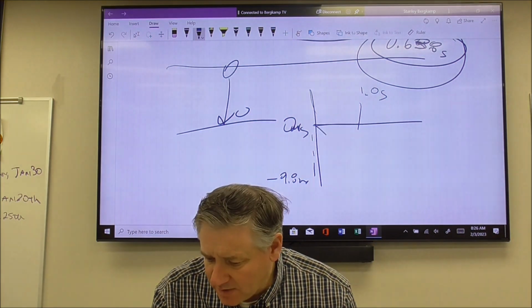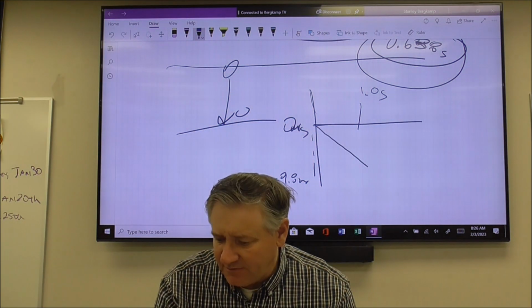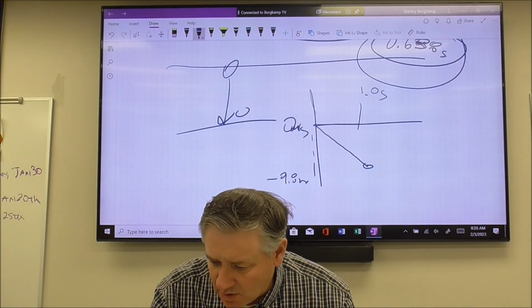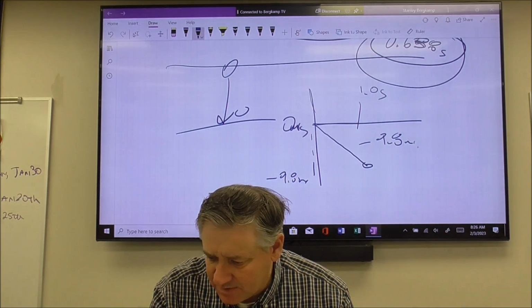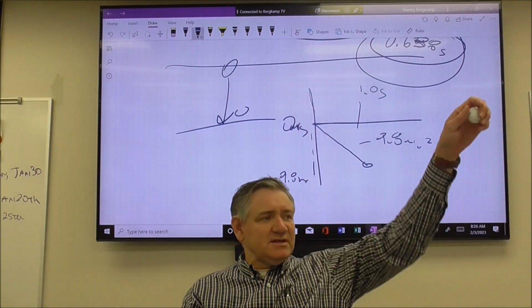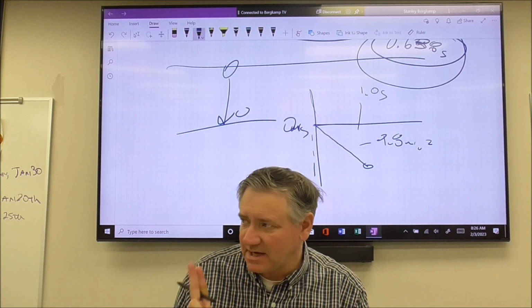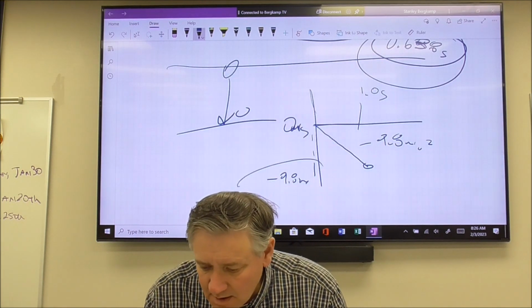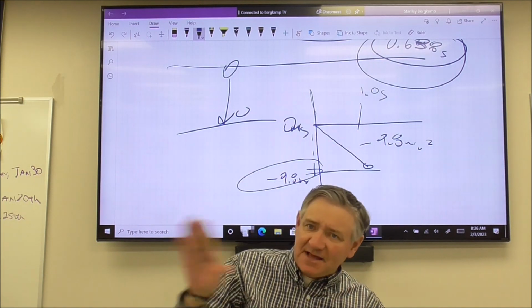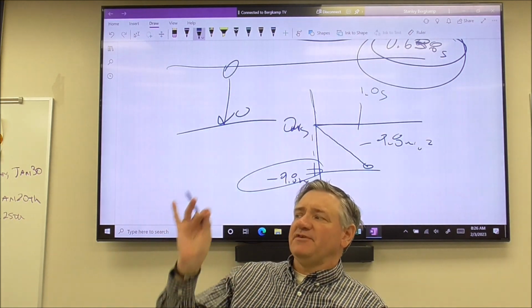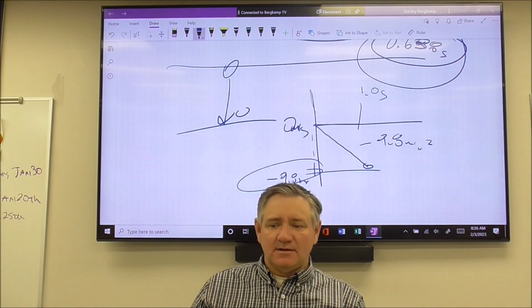So this is why when I draw that velocity time graph, it was a straight sloping line with a slope of negative 9.8 meters per second squared. So if this ball fell exactly 1 second, it's going to be traveling exactly negative 9.8 meters per second when it hits the ground, okay? If it fell exactly for 1 second.